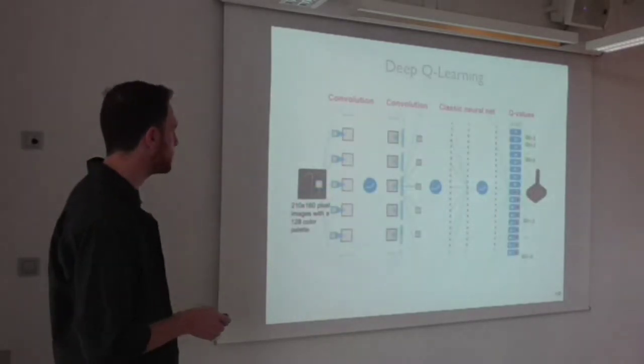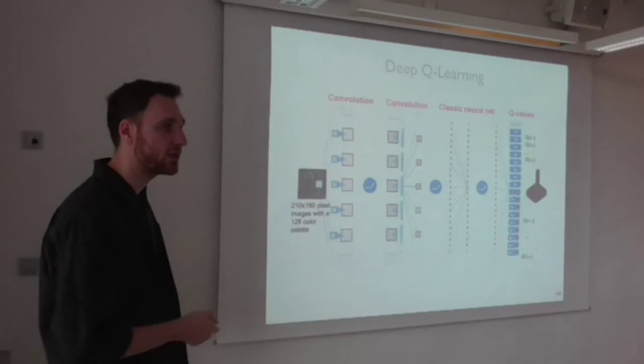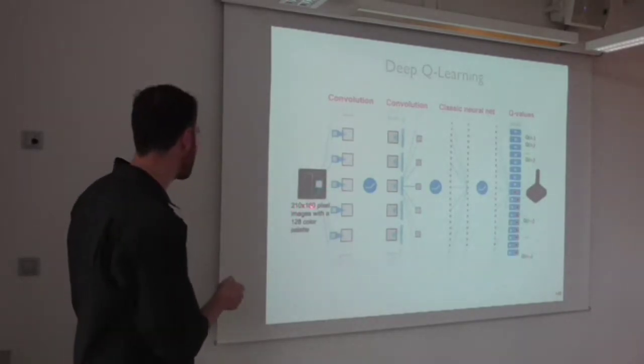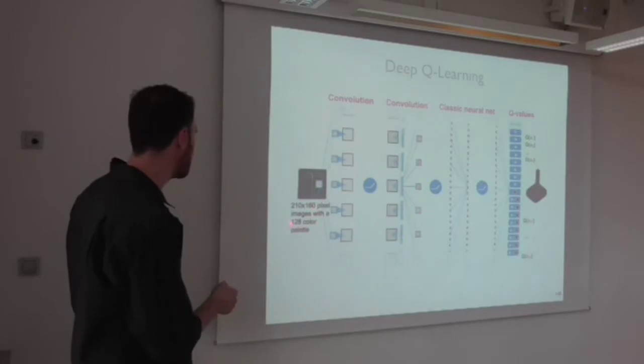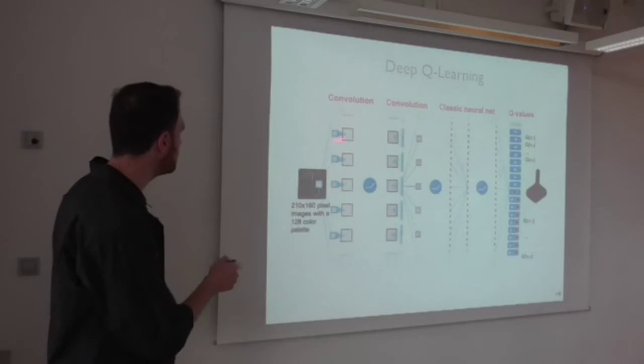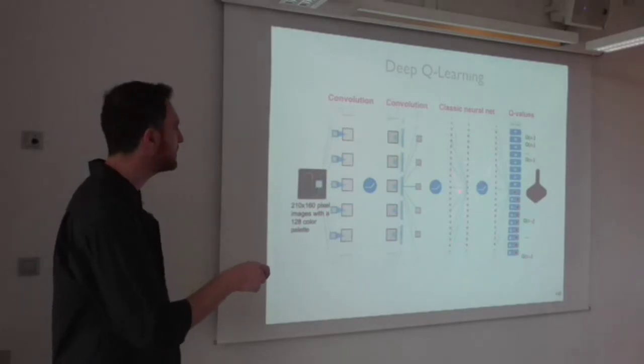Like in the Atari game, this is exactly what happens in the Atari implementation. The image is a 210 pixel by 160 pixel thing with 128 possible colors per pixel. Those are the inputs to the network. Then there are a few convolutional layers, and at the end a classic neural net.